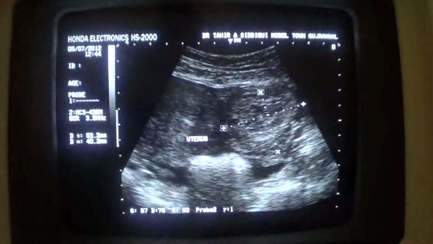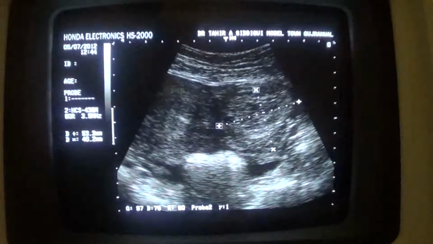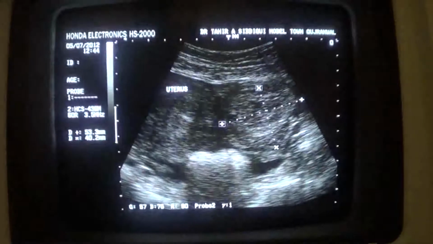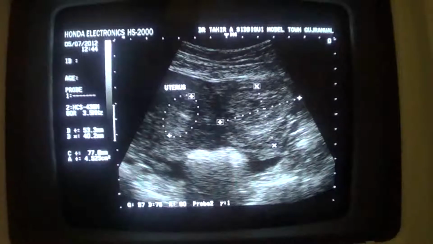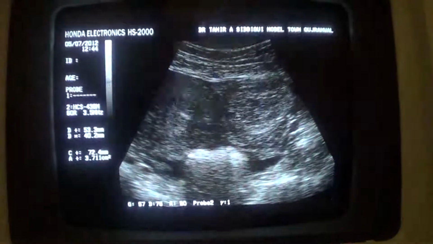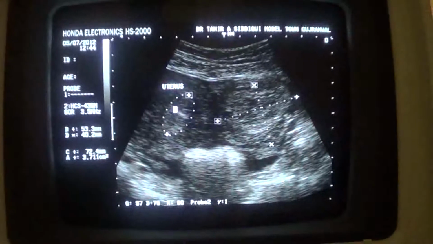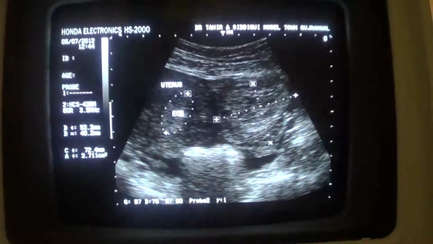This is the uterus. This is the endometrial canal, again full of echoes, different strength echoes.